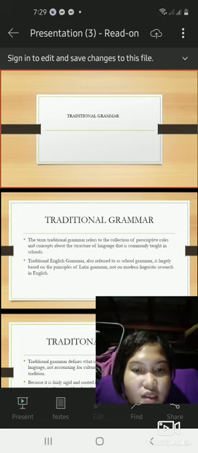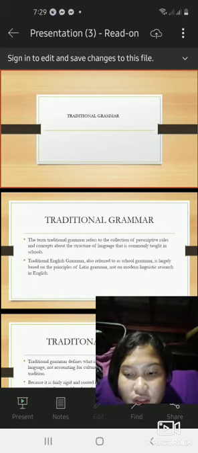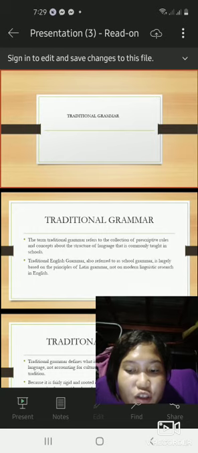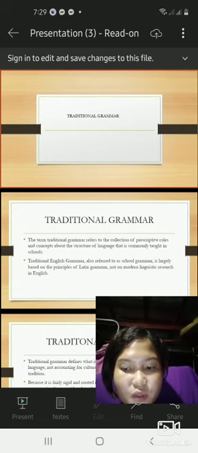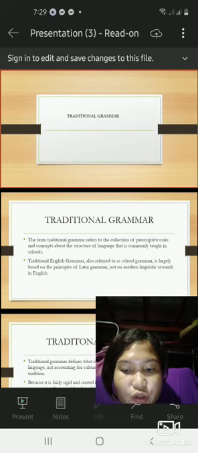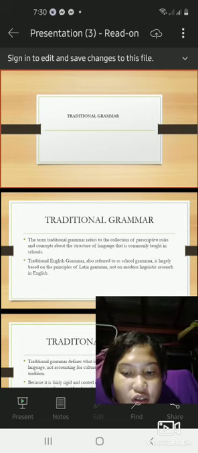It's because when we say prescriptive, it is the traditional approach of grammar that tells people how to use the English language, what forms they should utilize, and what functions they should serve.